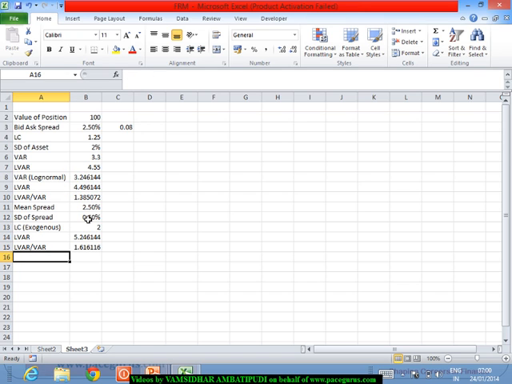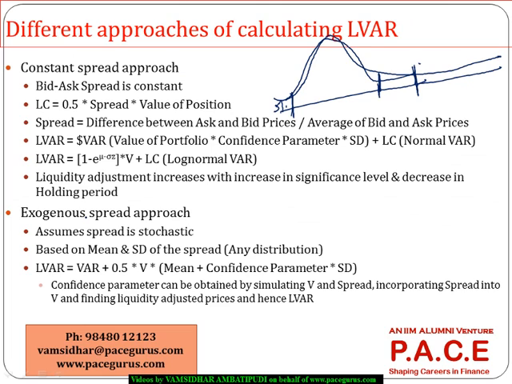So from almost 38.5%, this LVAR to VAR ratio has gone to 61.6%. That is the excess that is coming in by assuming that the standard deviation of the spread is somewhere around 0.5%. That is how we incorporate the exogenous spread as a part of our liquidity risk computation.